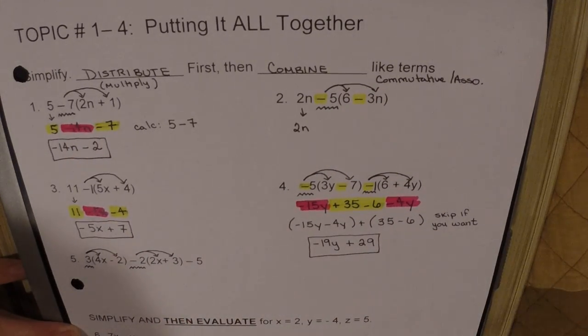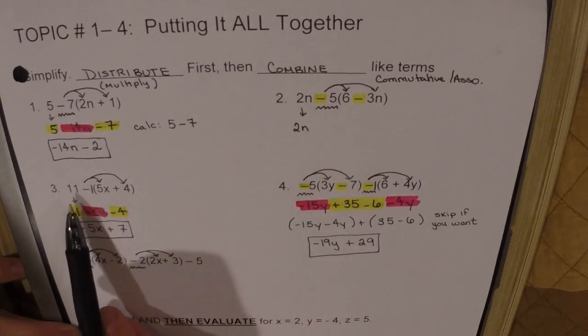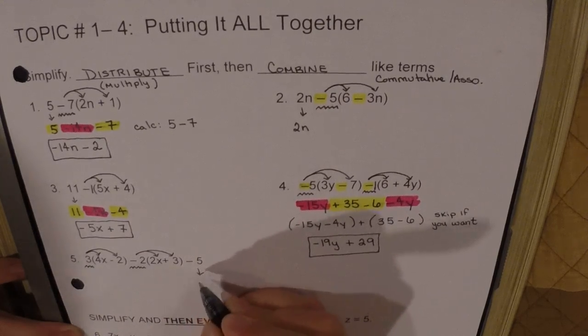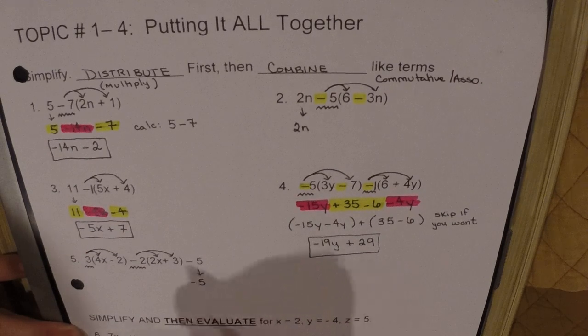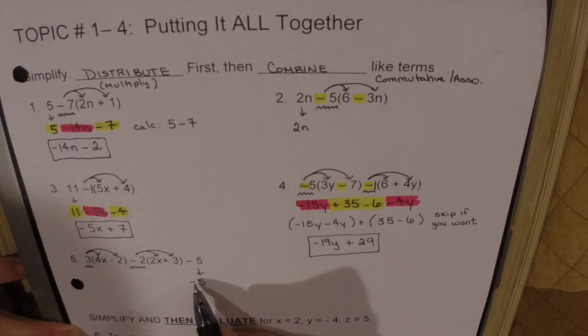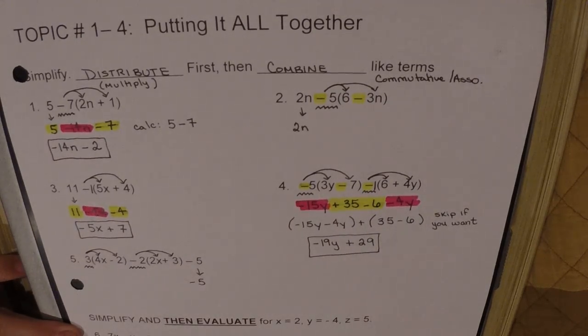Well, that's going to be exactly the same as what we had up here, except instead of it being a number in the front, it's a number at the end. So we would just bring down this minus 5. When we get done distributing through all of this, we're going to have that minus 5 at the end before we combine like terms. So I want you guys to try that one on your own.